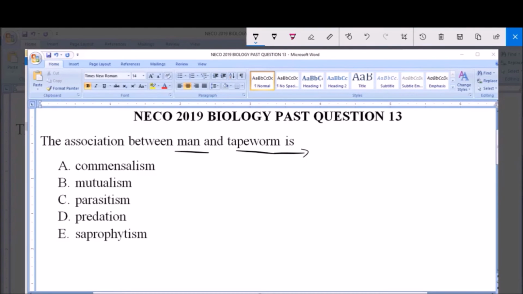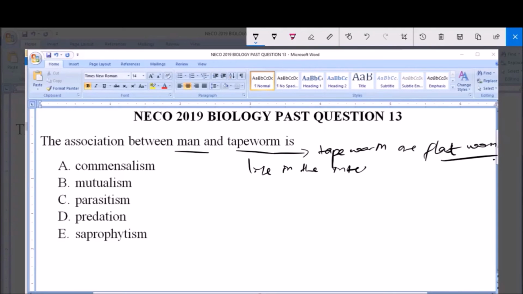Now, like we know, tapeworms are flatworms. They belong to the phylum Platyhelminthes. And these tapeworms live in the intestine of man.